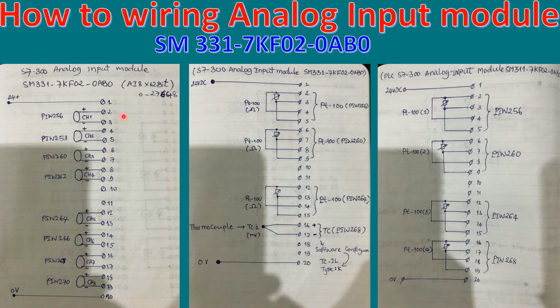And if we use it like this, we can use a channel, but we have another wiring option with the connection. If we would like to connect the PT100 RTD or thermocouple to this module, we can also connect directly, and we must follow the drawing like this. So we can use only 4 channels if we connect PT100 or RTD directly to this module.